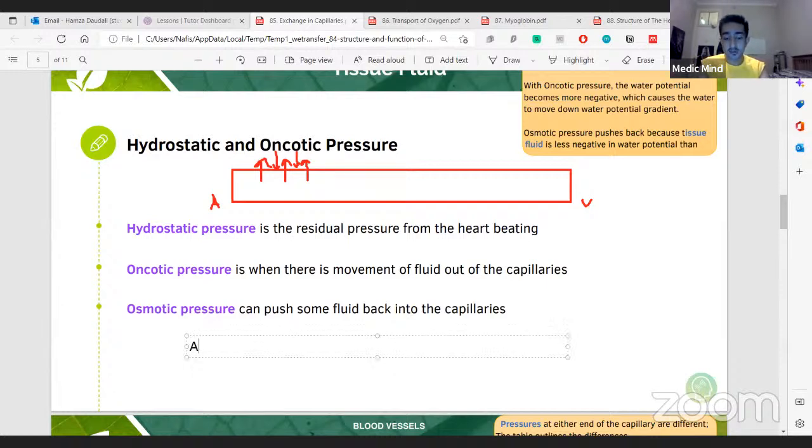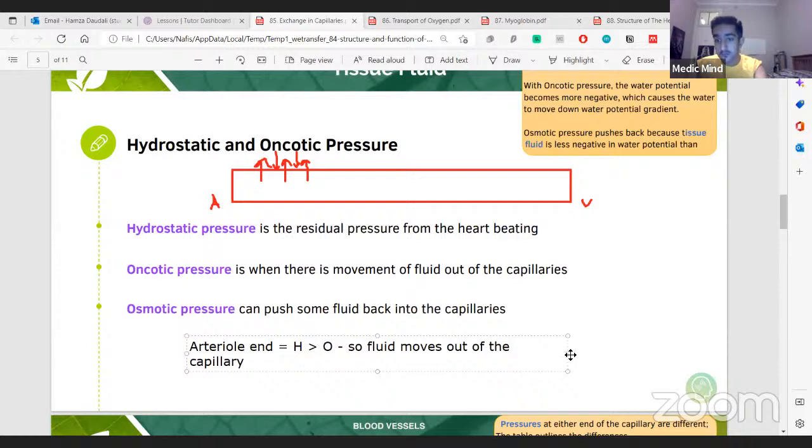So at the arterial end, the hydrostatic pressure is greater than the oncotic pressure, so fluid moves out of the capillary. But now you have a lot more fluid out of the capillary than you do inside the capillary.